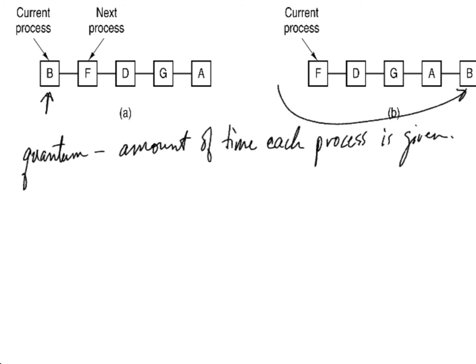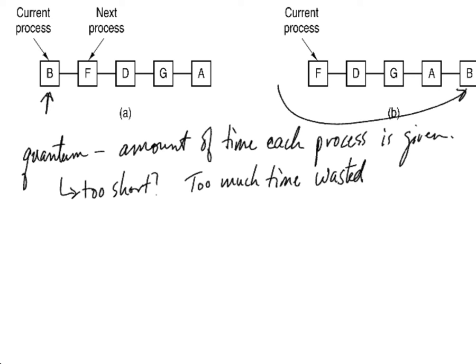Now, what if the quantum is too short? Then we have too much context switching. So too much time wasted in context switching, which is simply changing from one process to the other.